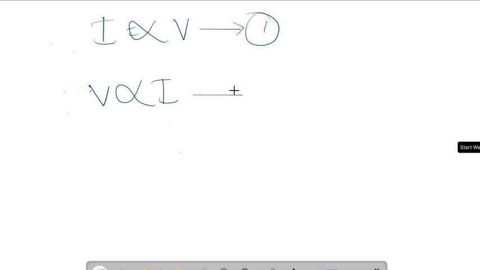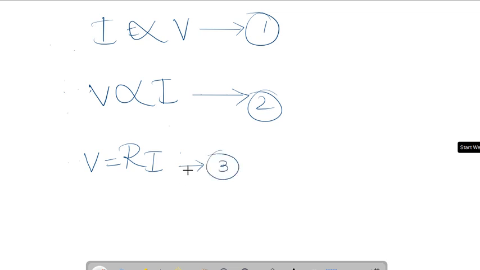This is equation number 2. If I want to remove the proportionality sign, can I write V is equal to R into I? This is equation number 3, V is equal to R into I, where R is called the proportionality constant.